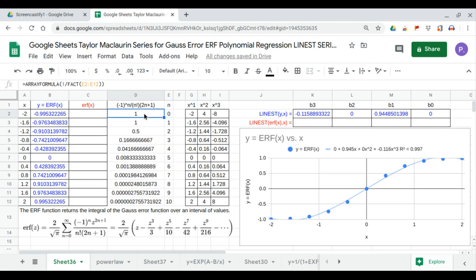So we have worked on the factorial. Then the 2n plus 1. So we have to multiply that with 2n plus 1. Two times n plus 1.